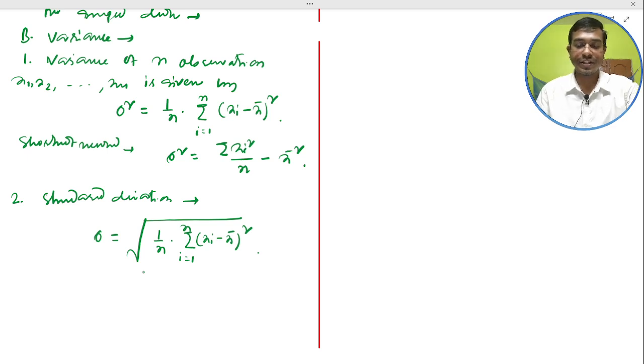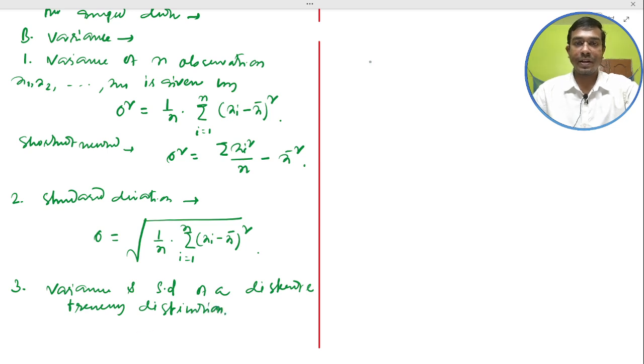Variance and standard deviation of a discrete frequency distribution, number 3. This is very important. We draw a table here.